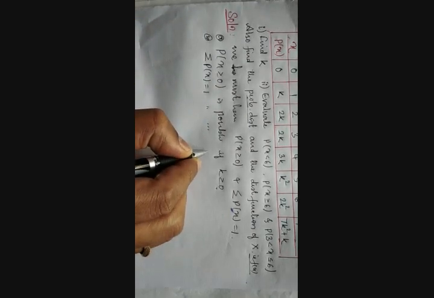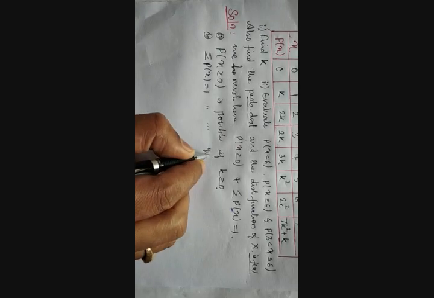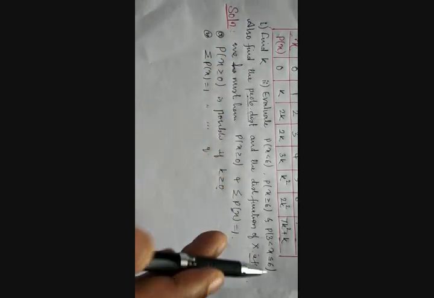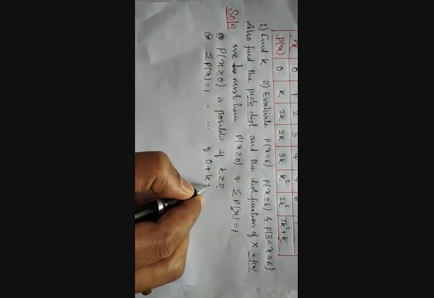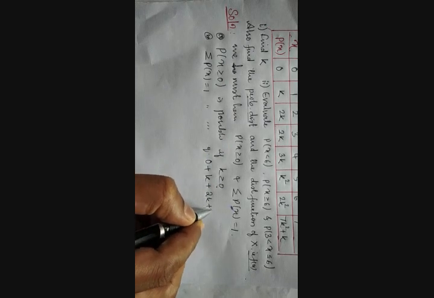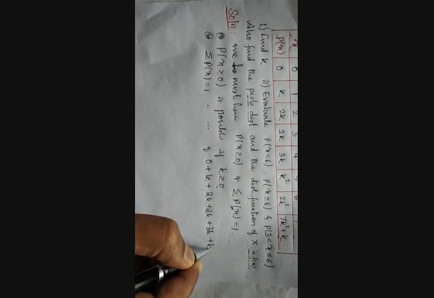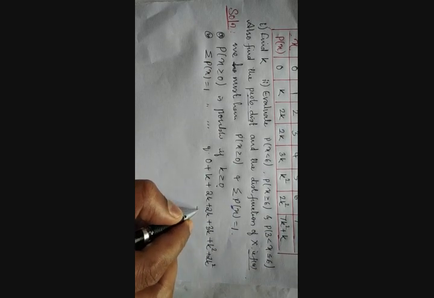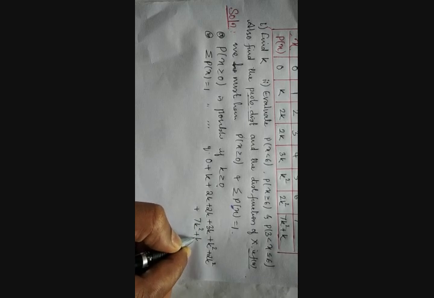Let us add all these values. Summation of p of x is 0 plus k plus 2k plus 2k plus 3k plus k square plus 2k square plus 7k square plus k, equal to 1.